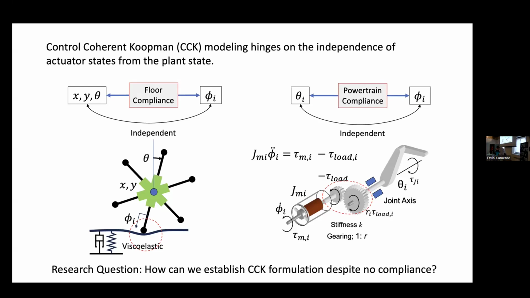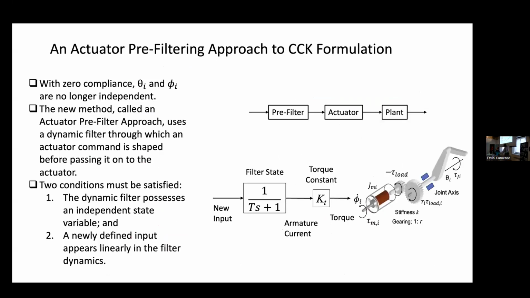Well, we can take the following technique. Instead of relying on the physical compliance, we can make the process go through a dynamic filter. So don't put the control input directly in, but through a dynamic filter, which possesses independent state variables.